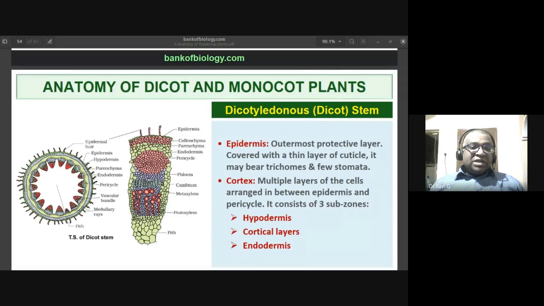Then the uneven deposition of primary cell wall due to deposition of pectin: in the collenchyma, you can show this pectin distribution. Below that is the parenchyma. Then the endodermis is there. After the endodermis layer, you have to draw the pericycle, and then you come across the vascular bundle.